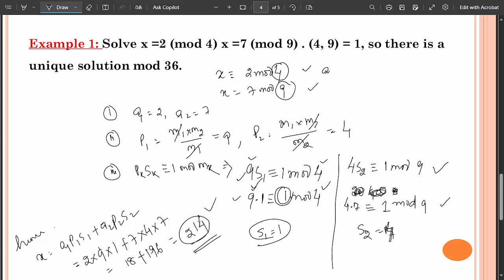That means 214 divided by 4 leaves remainder 2, and 214 divided by 9 leaves remainder 7.